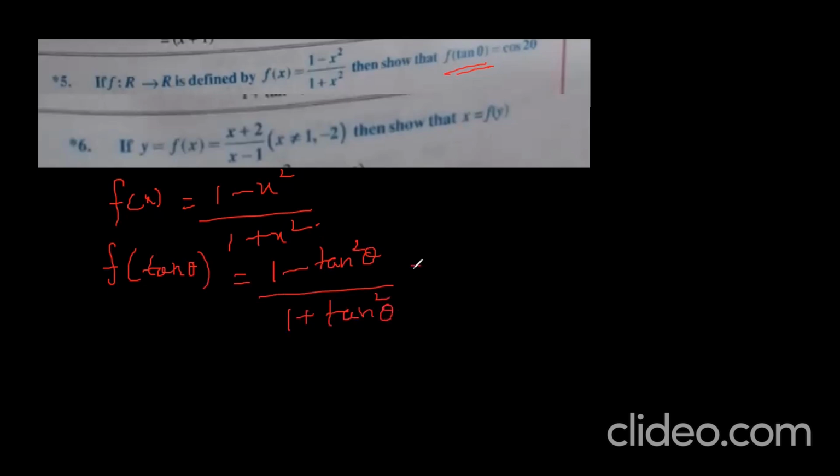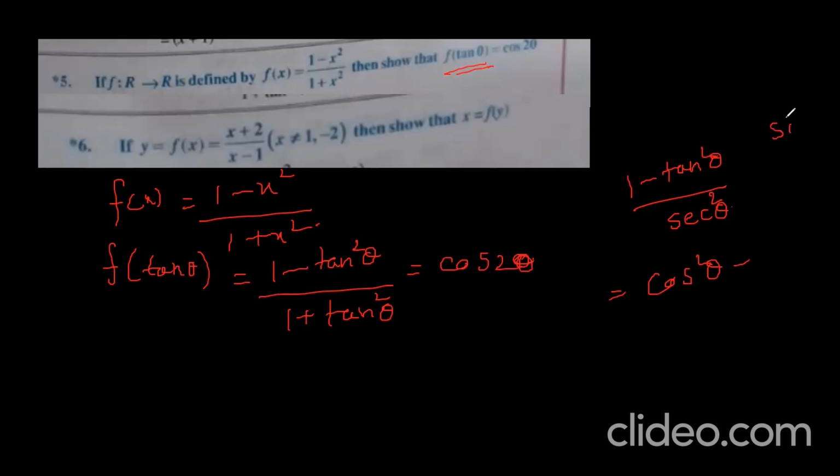What is 1 minus tan square theta by 1 plus tan square theta? That is cos 2 theta. How did you get this cos 2 theta? This is 1 minus tan square theta. 1 plus tan square theta is sec square theta, no? 1 by sec square theta is cos square theta. This is sine by cos into cos.